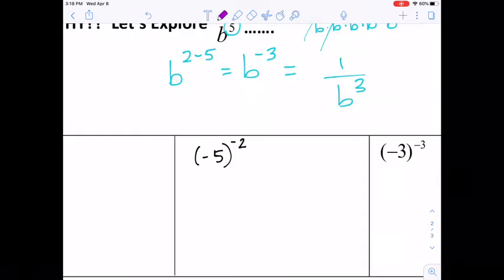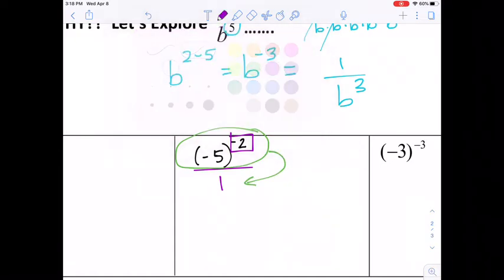I'll do this example for you. Remember, if it's not a fraction, you can make it a fraction by putting it over 1. I have a negative 2 as an exponent, so I'm going to take this entire term and move it to the other side of the fraction. So down at the bottom, I'm going to have negative 5 squared.